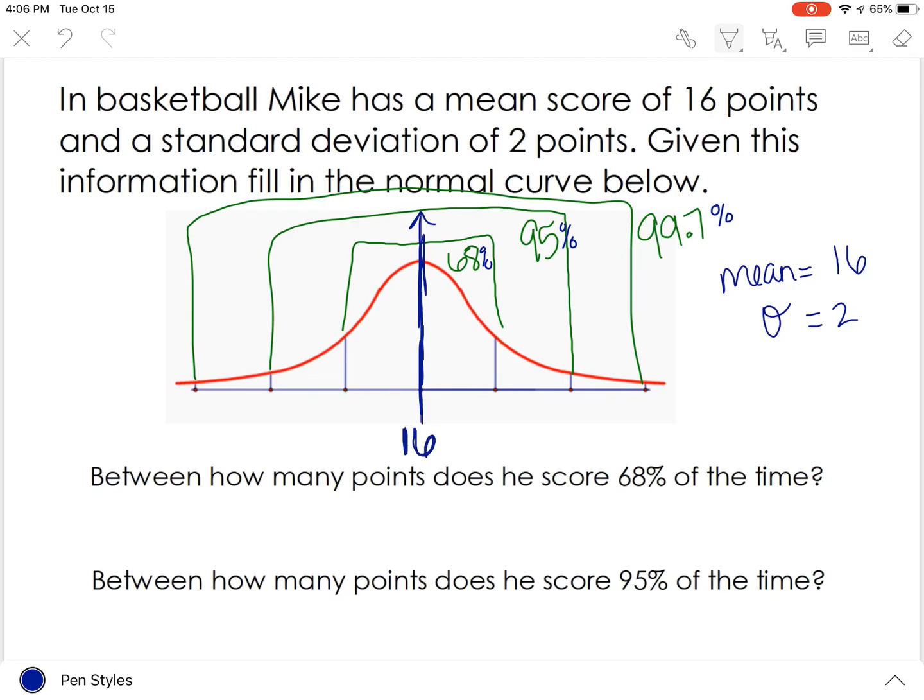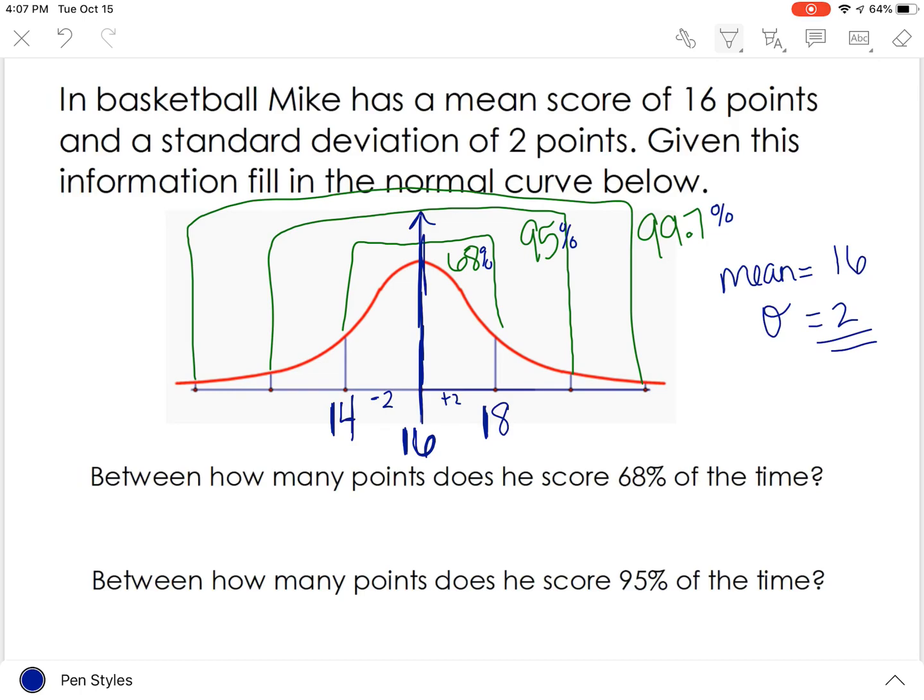Then to fill out our chart, since our standard deviation is 2, we are going to add 2 when going to the right and subtract 2 when going to the left. So 1 standard deviation above 16 would be adding 2, and that would leave us with 18. 1 standard deviation below 16 would be subtracting 2, and that would leave us with 14.